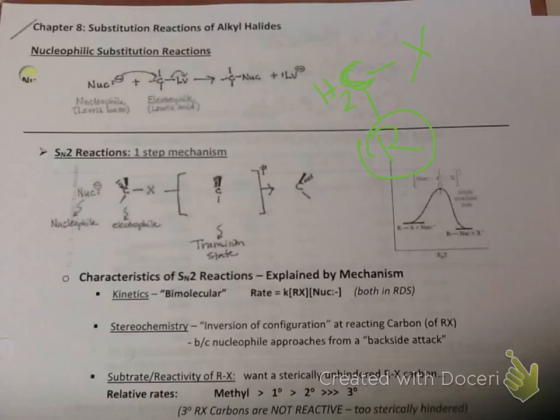And if there are 2 carbon chains bonded to the electrophilic carbon, the carbon attached to the halogen, then we call it a secondary alkyl halide. And then finally, if there are 3 R groups attached to the atom attached to the halogen, we call it a tertiary alkyl halide. So these are the classifications we talked about previously of the alkyl halides.